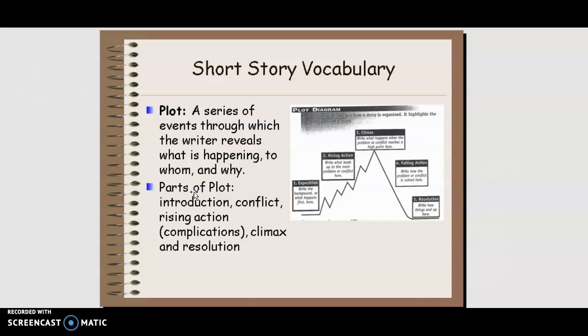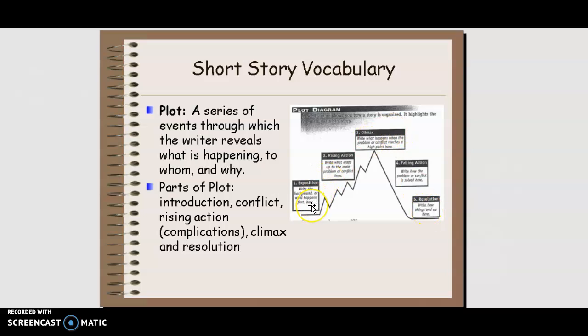Okay, the plot. A series of events through which the writer reveals what is happening to whom and why. The parts of the plot: introduction, conflict, rising action, complication, climax, and resolution. Here in this diagram, we have an example of how we can create our story.